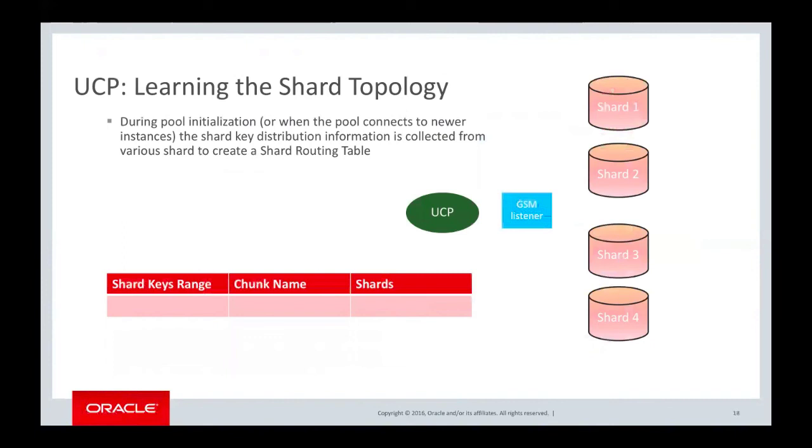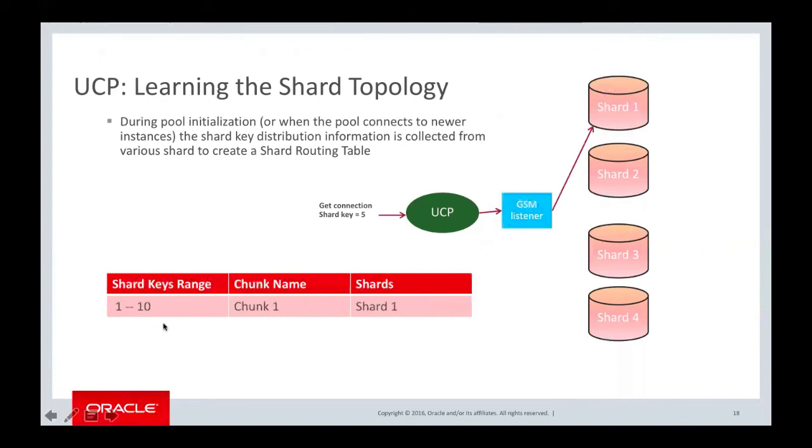The first time you request a connection, it goes to the shard director because we have no idea; by default, the topology is blank. The shard director says, go here, and we take the opportunity to dump the topology of the shard into the UCP.